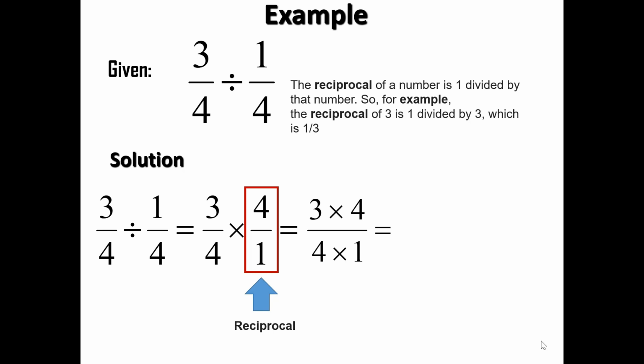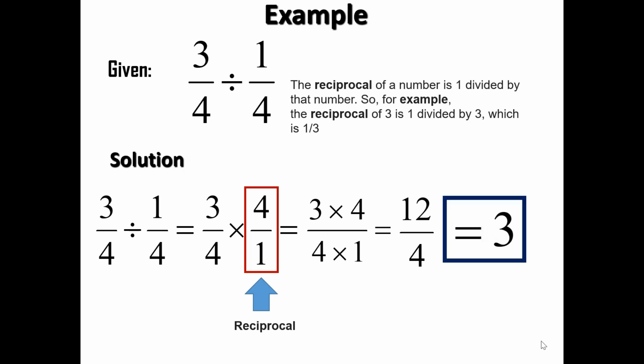So numerator to numerator, as the rule of multiplication of rational numbers, we need to multiply the numerator to numerator and denominator to denominator. 3 times 4 is equal to 12 over 4 times 1, which is 4. So after multiplying, simplify 12 over 4. So we get now the answer as 3.